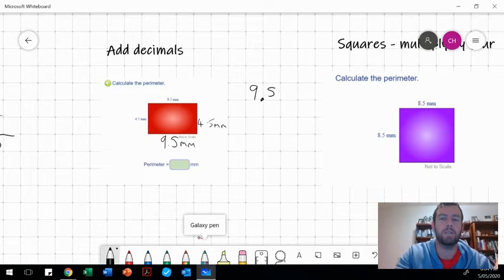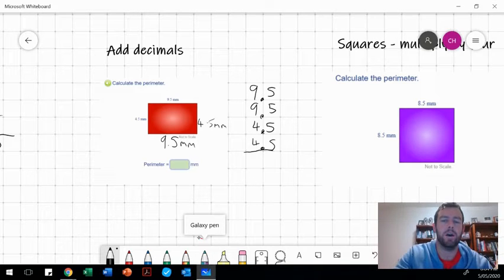Remembering the important rule about decimals is that you have the decimal point lined up all the way down the addition. So your working out today is going to really save your life. So I've got 9.5 plus 9.5 plus 4.5 plus 4.5. Let's add that together. Before I start, I'm going to put a decimal point in the answer as well, because the decimal point doesn't move, it stays in line.